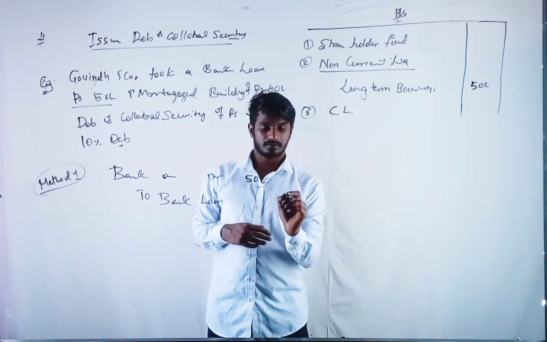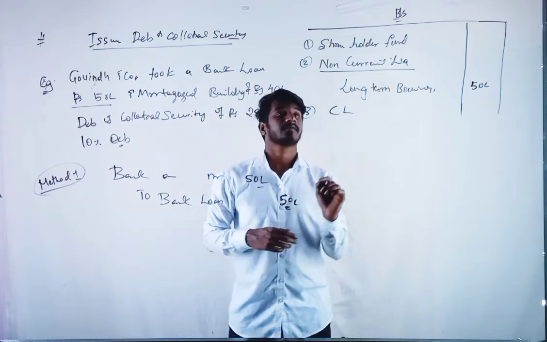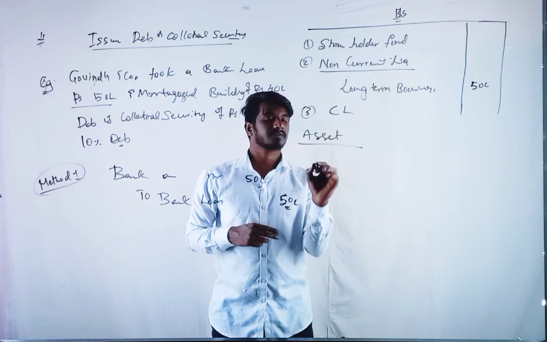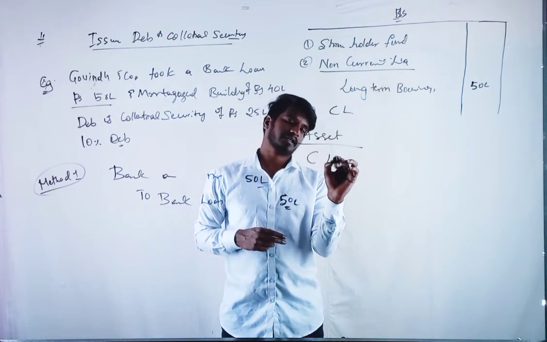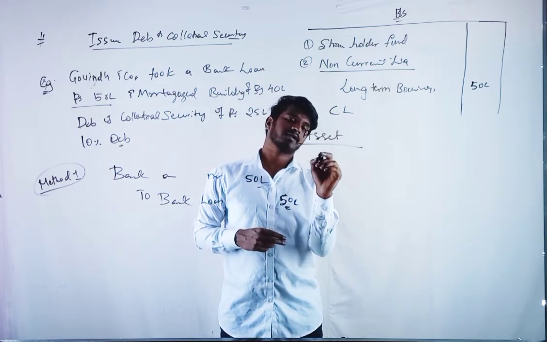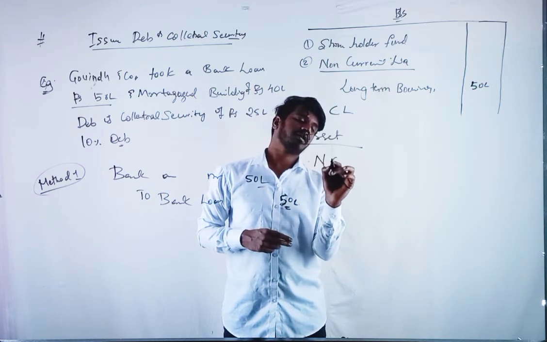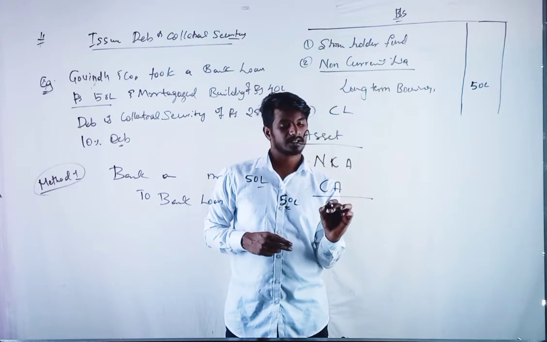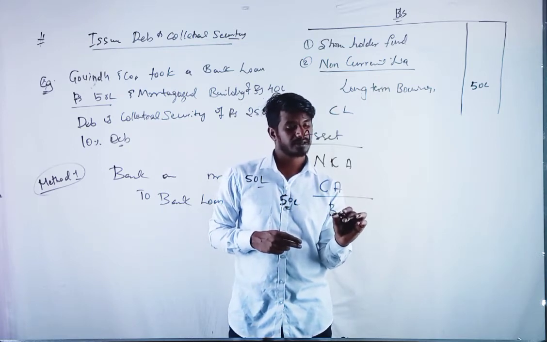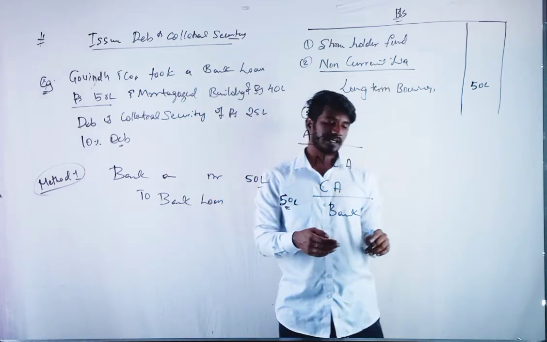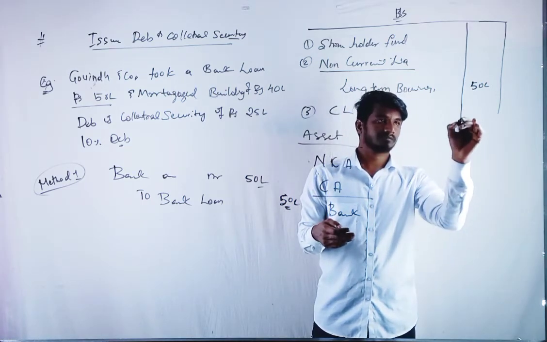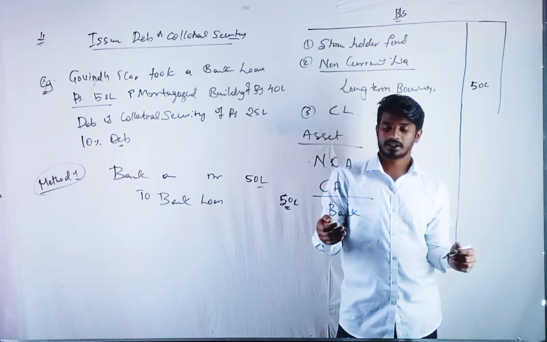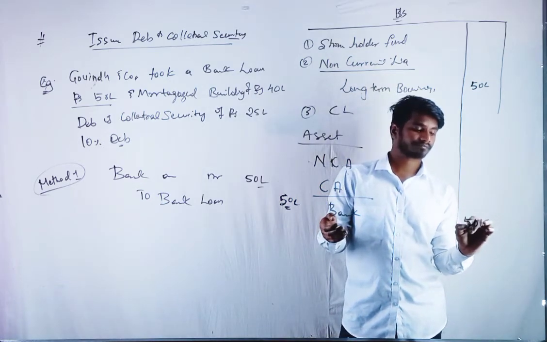In the assets we have non-current assets first, then current assets. Under current assets, what we have received in the bank goes under cash and cash equivalents, shown as bank balance 50 lakh.